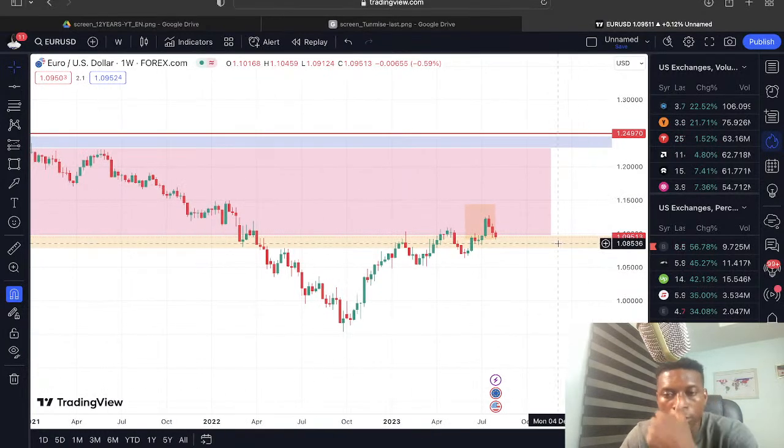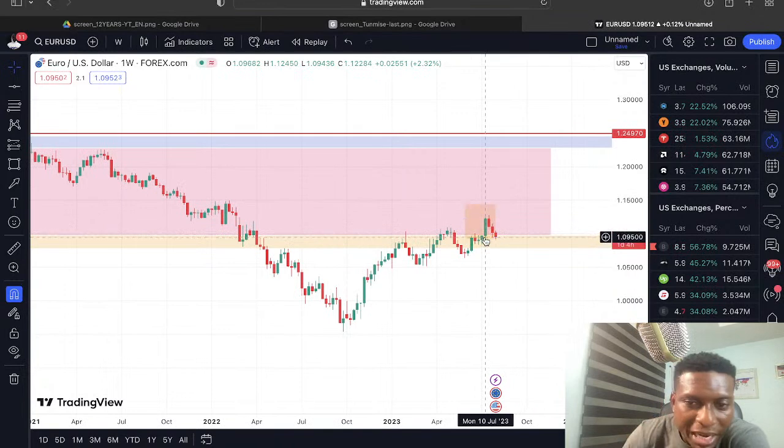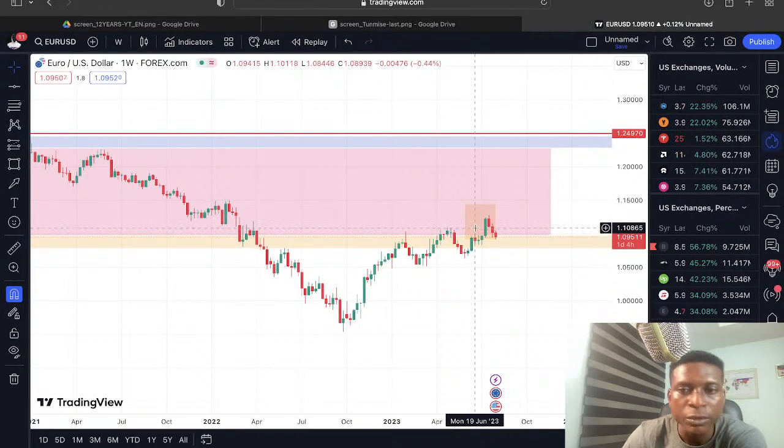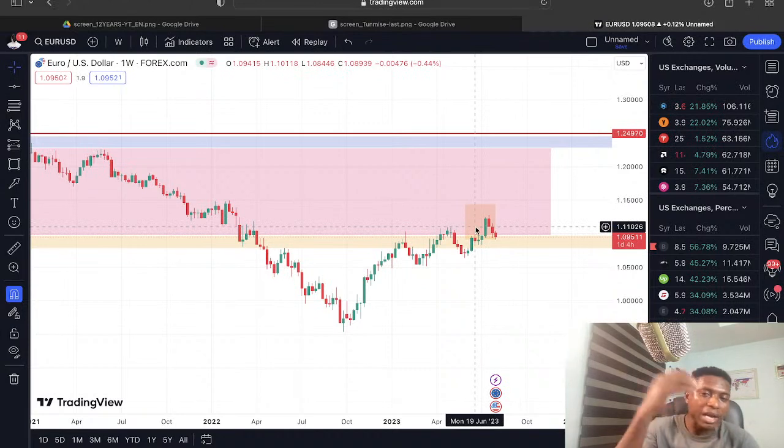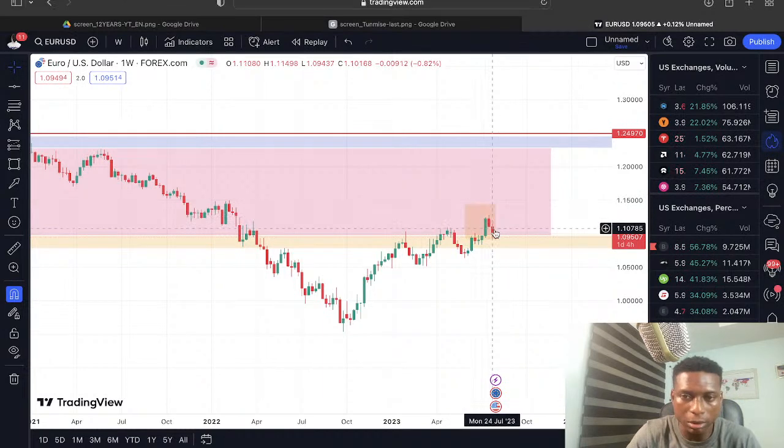Now after this breakout at this resistance zone, where you see this fully bodied candle, of course after every breakout there is 80% chance of a pullback, and here is what is being experienced there.